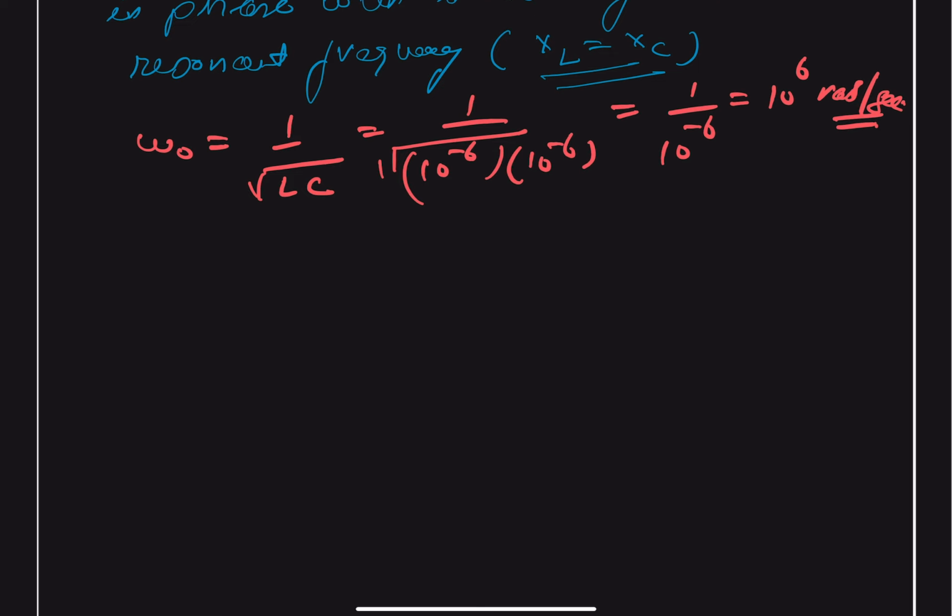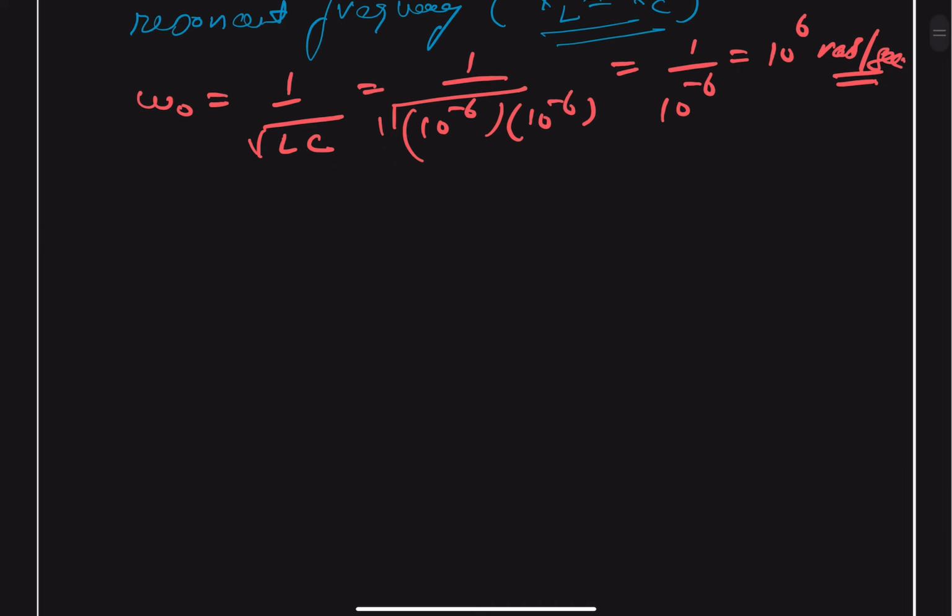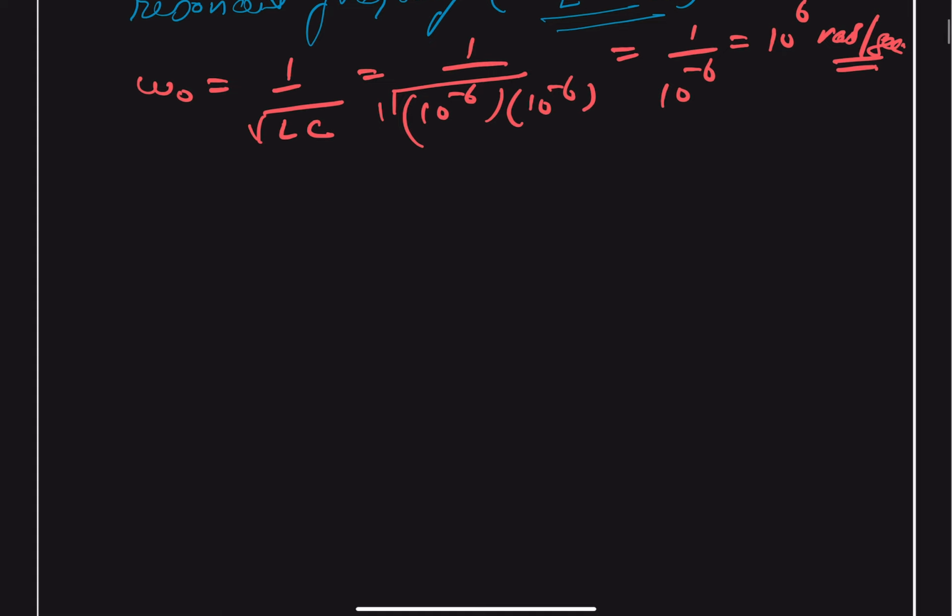So therefore, in the question it is not written as omega naught, but it is written as omega. Therefore, we can say that our omega naught as per question is equal to omega, and that comes as equal to 10 to the power 6.